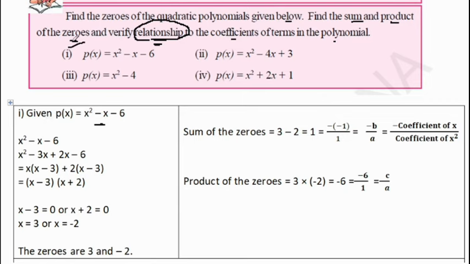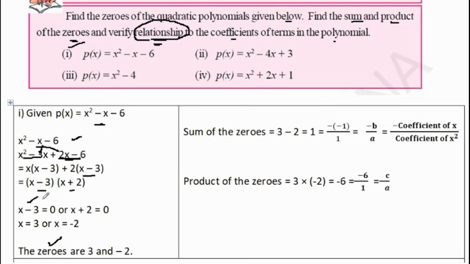So to find the relation between zeros and coefficients, first we have to find the zeros of the polynomial. So the polynomial is x square minus x minus 6, a quadratic polynomial. So we have to split the middle term minus 1. So minus 1 can be expressed as minus 3 plus 2, which is minus 1. So x common in the first two terms, x minus 3, and 2 common in the next two terms, x minus 3. x minus 3 is common in both the cases, so x plus 2.